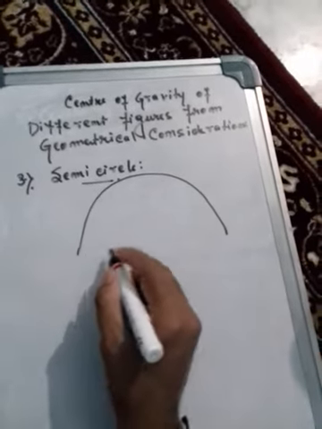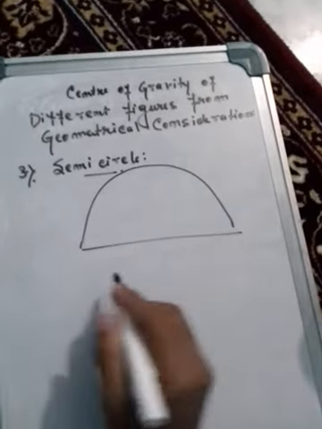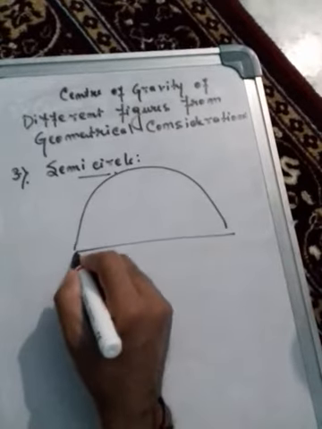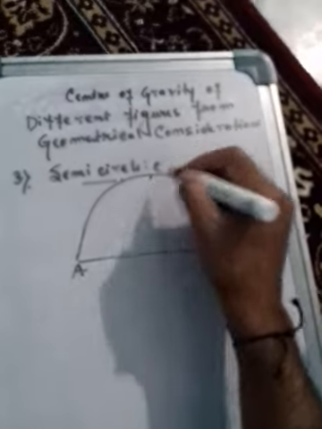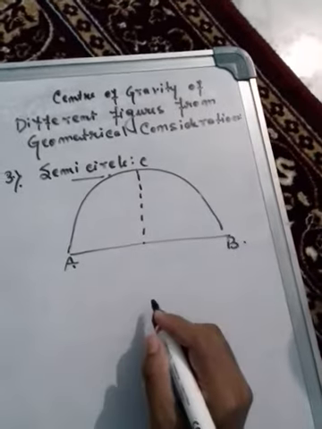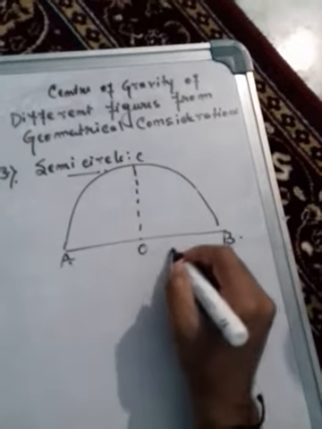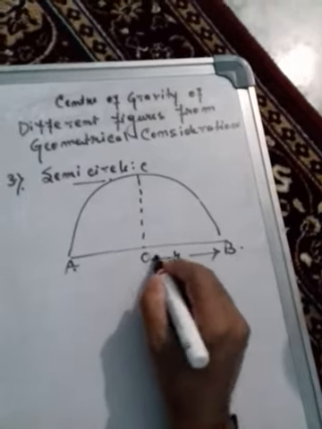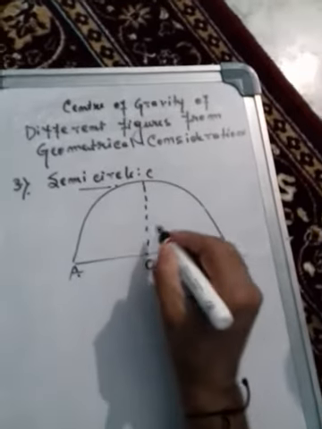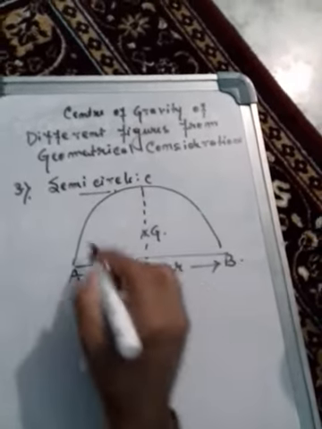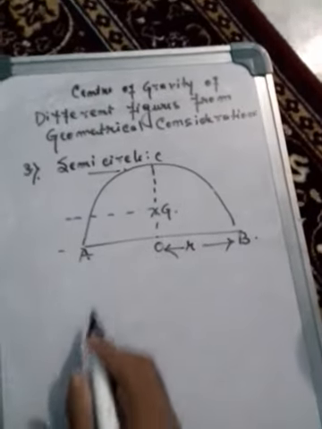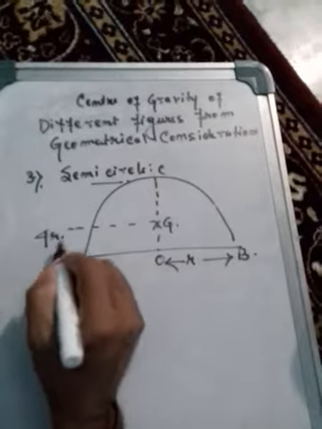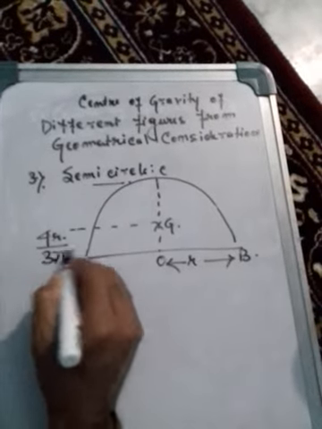If we draw this semicircle and name it A, B, this may be C. This is the radius R. Now, if this is the center of gravity, the center of gravity will act at a distance of 4r divided by 3 pi.